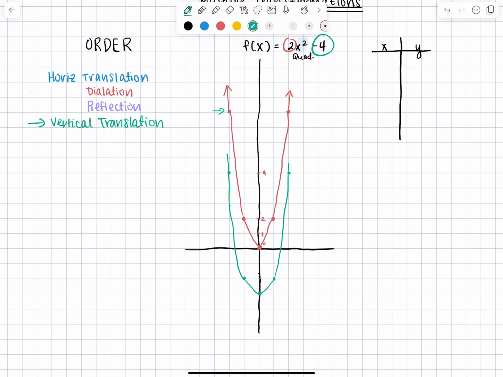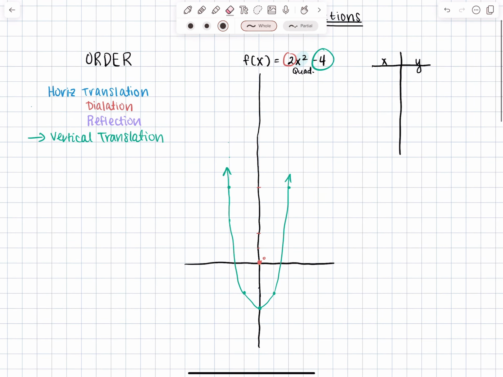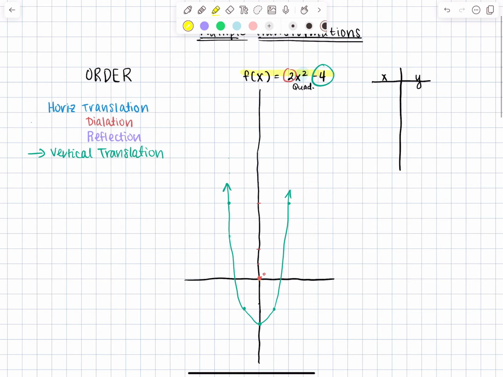It's not perfect, but it works. Then erase the pink. This is what your graph should look like at the end. This is the graph for the function f of x equals 2x squared minus 4.